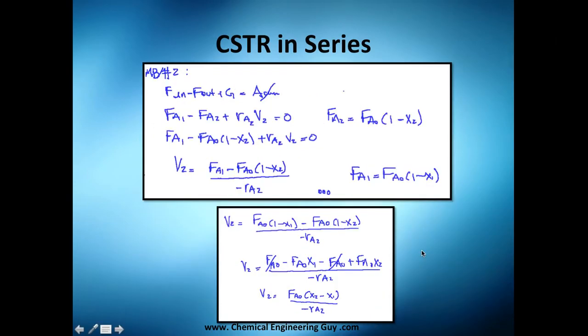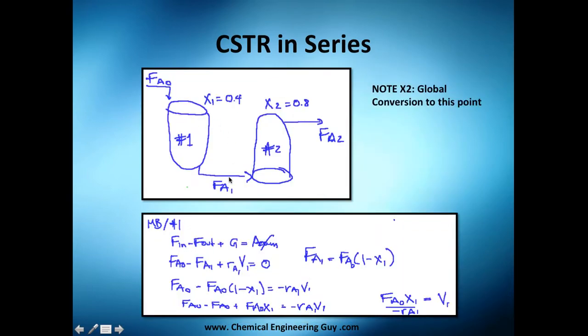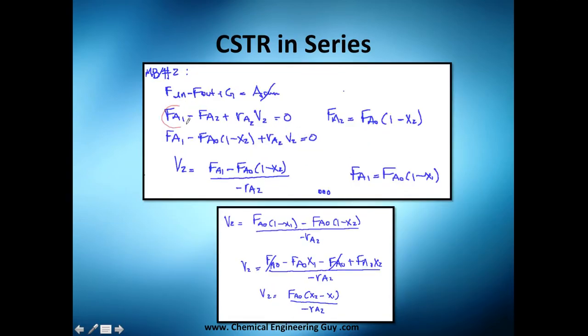The problem comes when you do the mass balance in the second one. So the inlet now will be FA1 and the outlet will be FA2, plus the rate of reaction and the volume of the second reactor, of course.